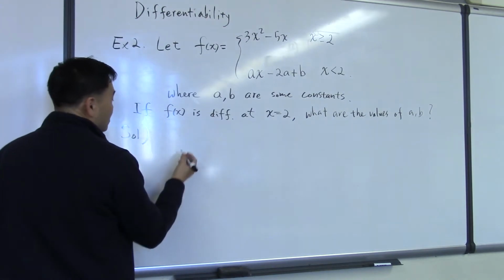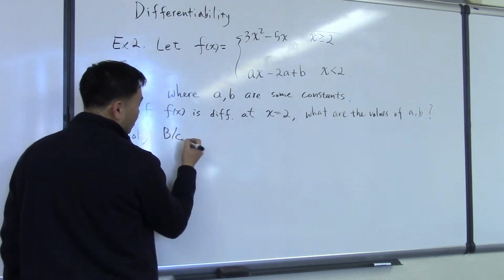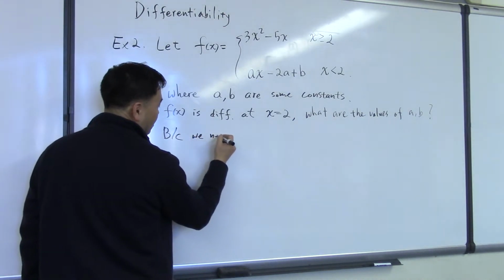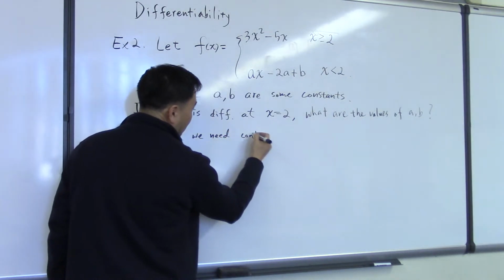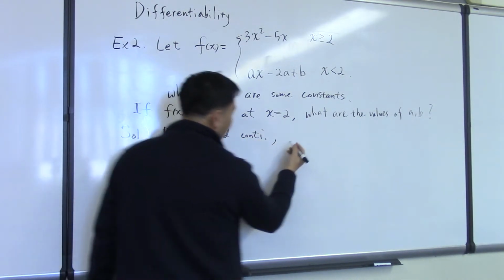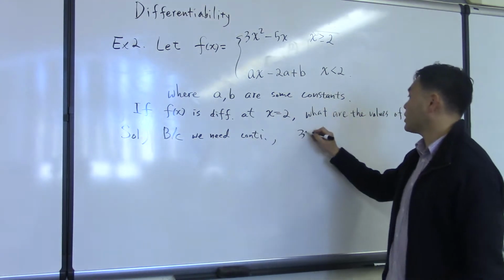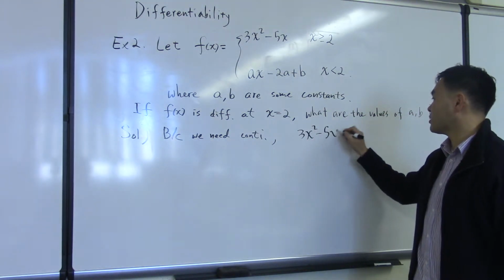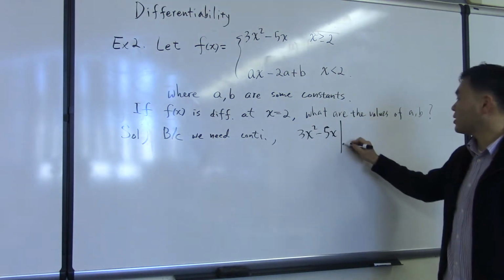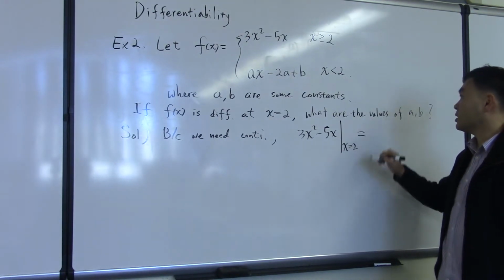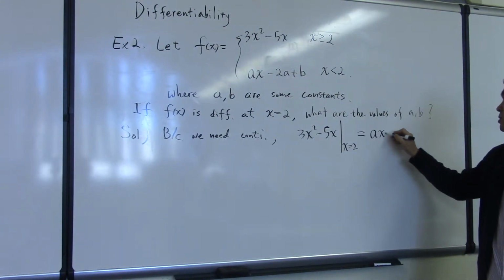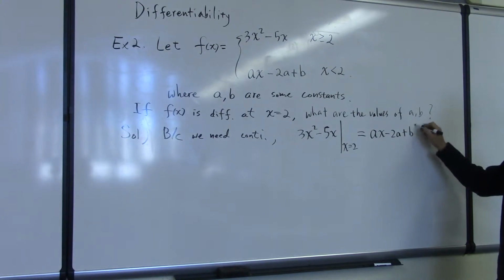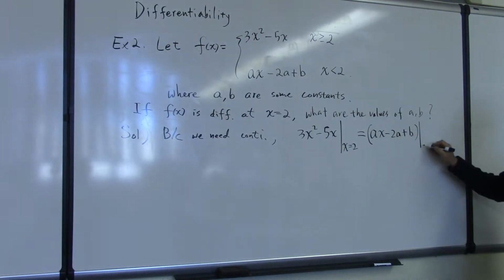So because we need continuity, 3x squared minus 5x evaluated at x equal to 2 should agree with ax minus 2a plus b evaluated at x equal to 2.